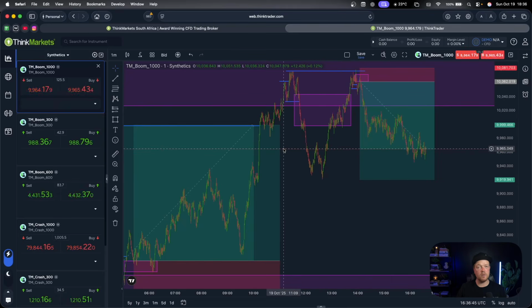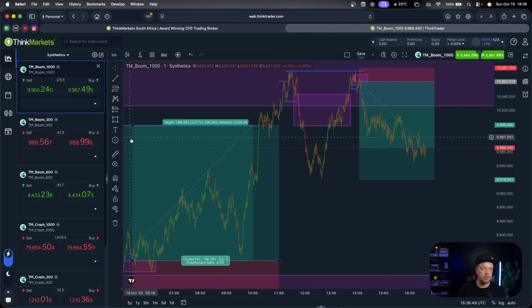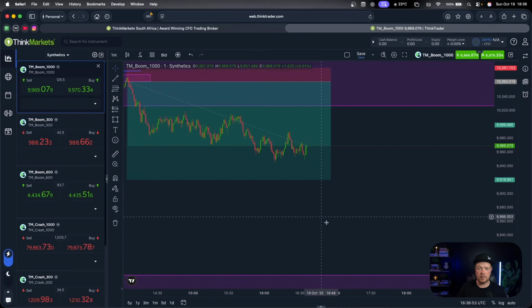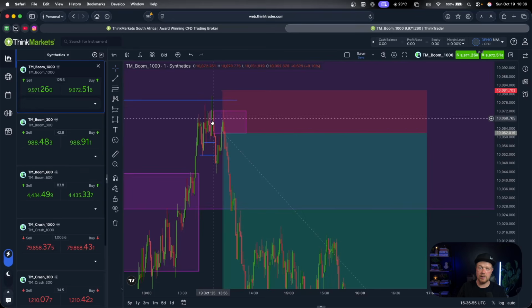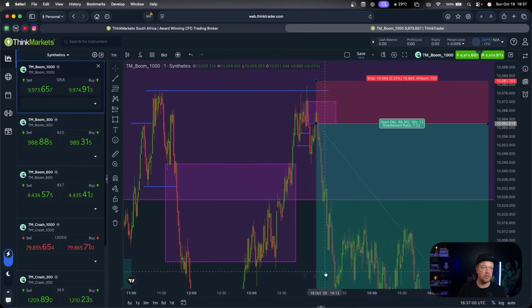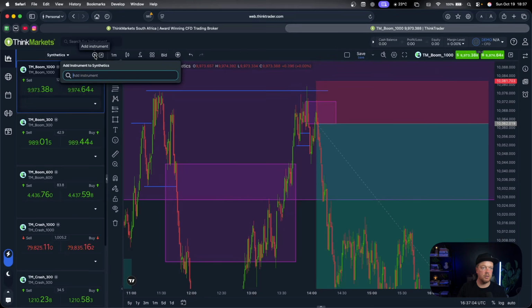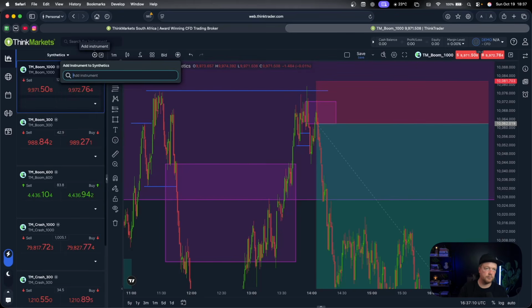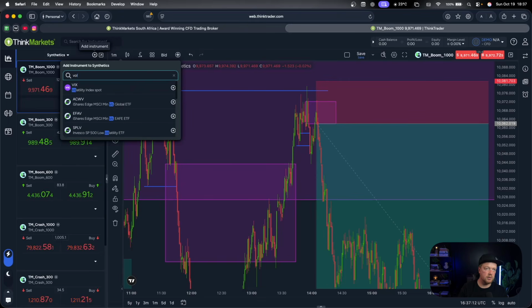And also go check out the cool synthetic pairs that I have. I think I'm going to start trading these pairs definitely a little bit more. As you can see, they respect the price action really nicely. So let's actually see what instruments they still have. Let's quickly just type in synthetics, volatility, sorry.